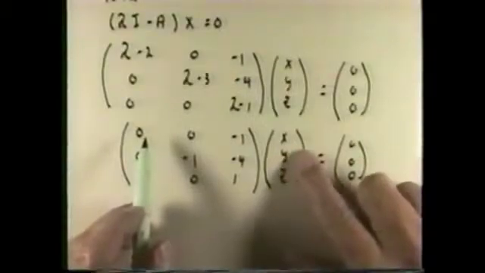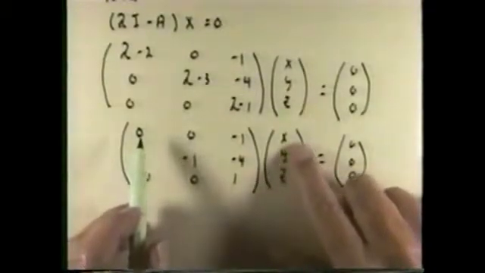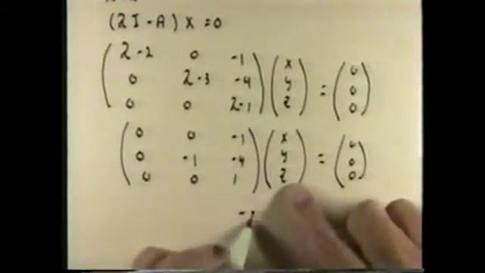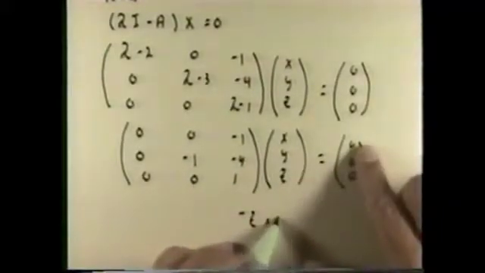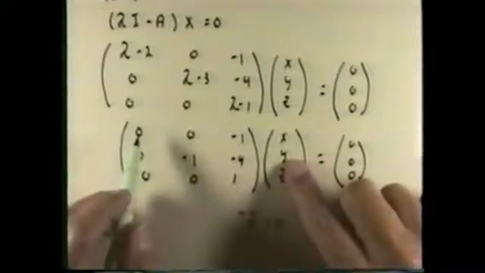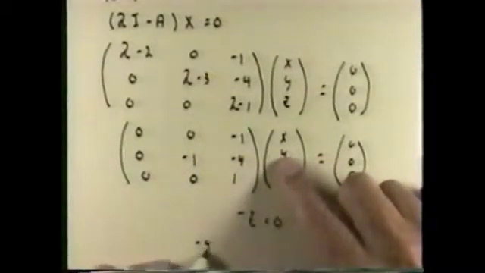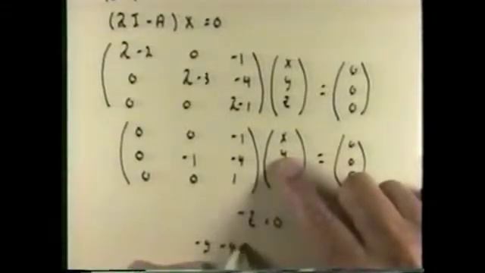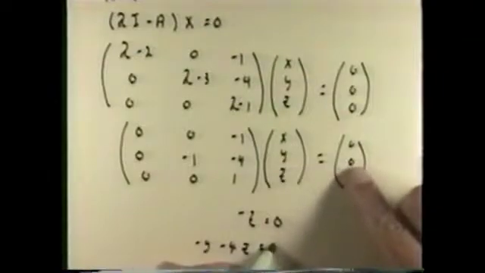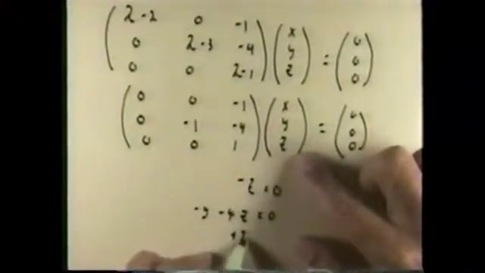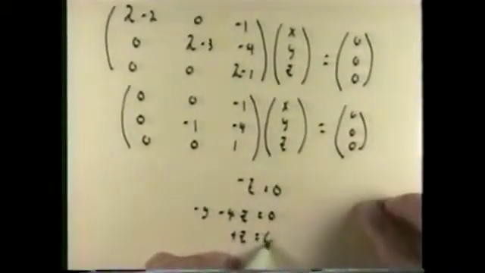Okay, doing the multiplying and then equating elements, this gives 0x plus 0y minus z is equal to 0. 0x minus y minus 4z is equal to 0. 0x plus 0y plus z is equal to 0.